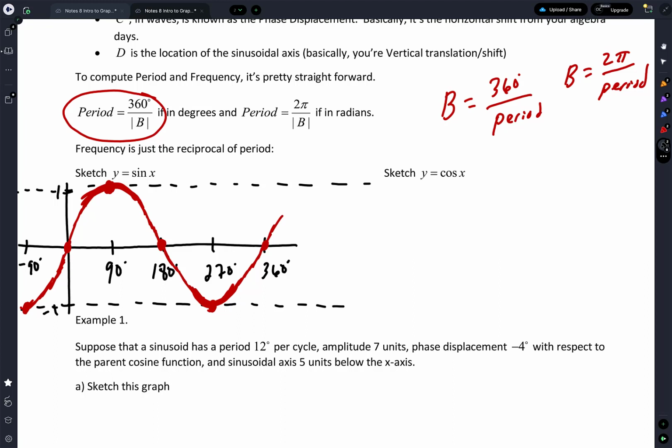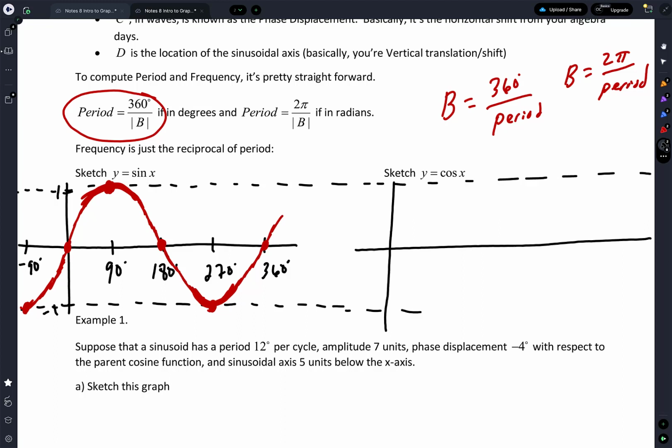All right, make another grid. I'm going to do again max of 1, min of -1. I'm going to call this -90 degrees. Yes? Because in the unit circle, the maximum is 1 and the minimum is -1.